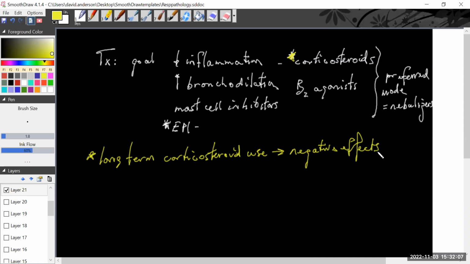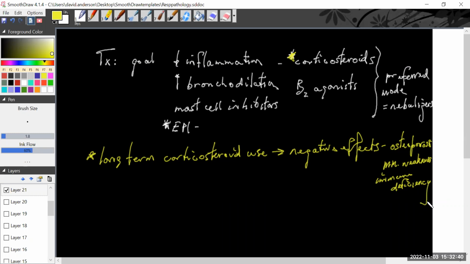We talked about elevated levels of cortisol and how it can have negative effects. We're mostly concerned about protein breakdown that might lead to osteoporosis or muscle weakness and immune deficiencies. So those are the sorts of things that we're concerned about there.